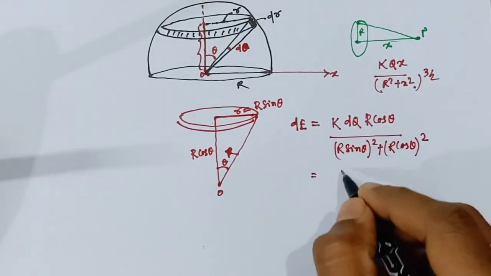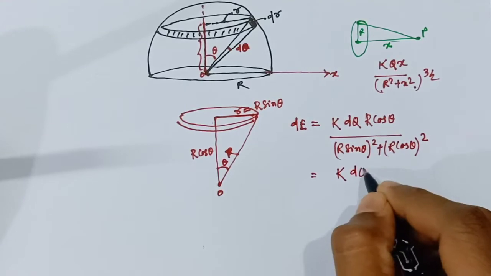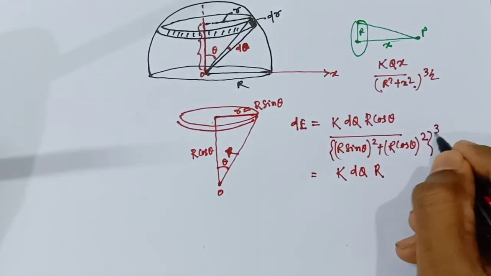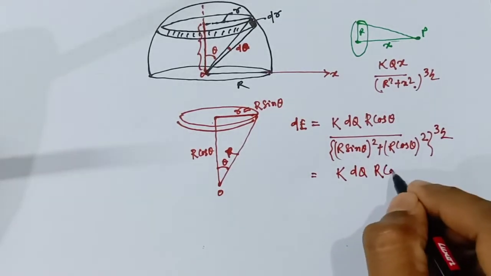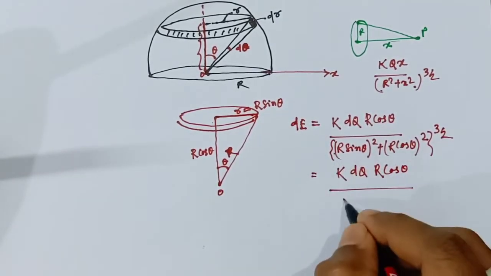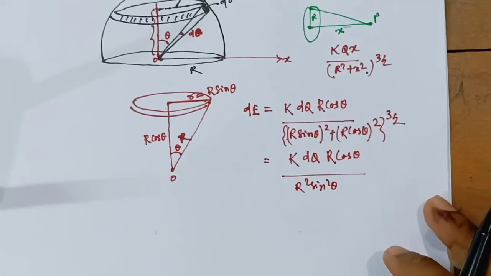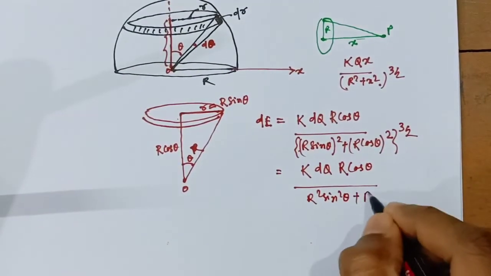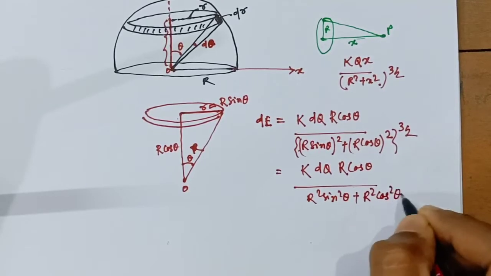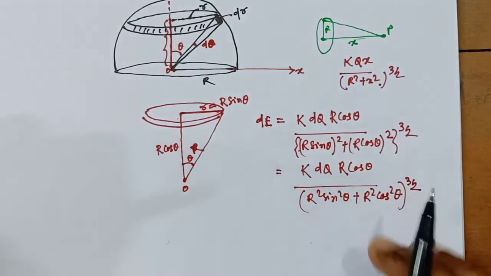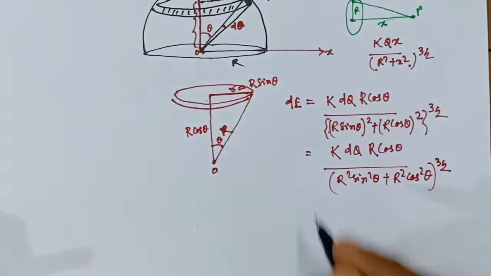So let me do simple mathematics: k dq, R cos theta, upon (R square sin square theta plus R square cos square theta) whole to the power 3 by 2. I hope the scenario is pretty clear to everyone.